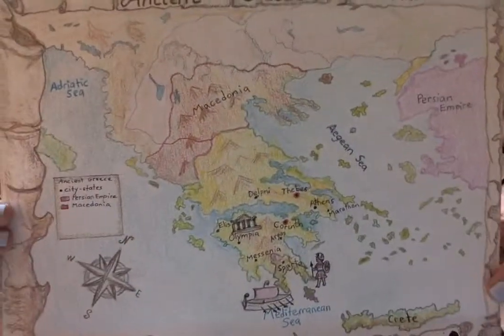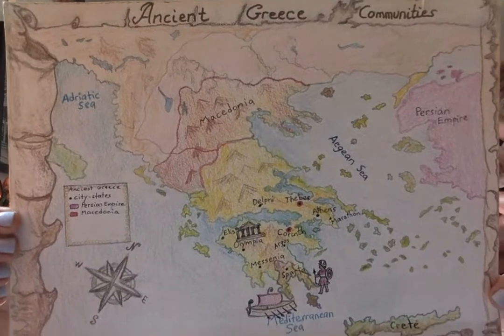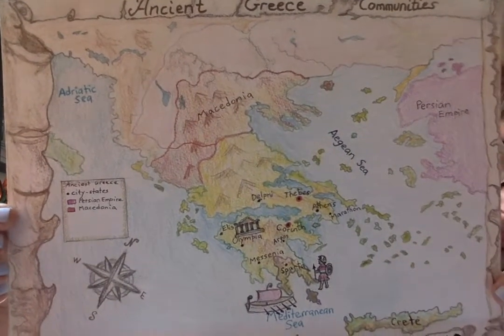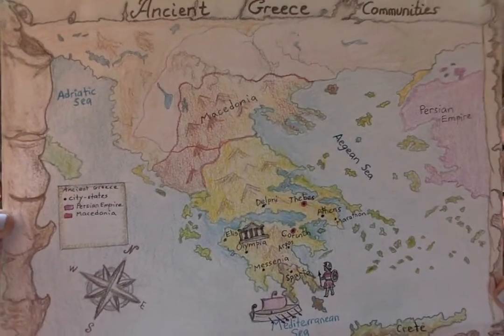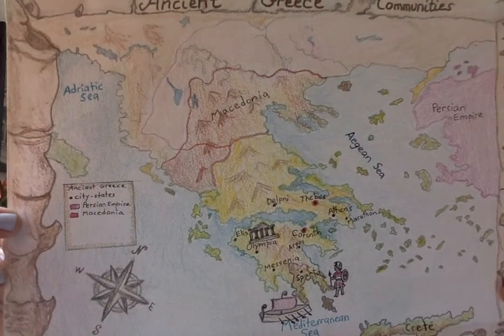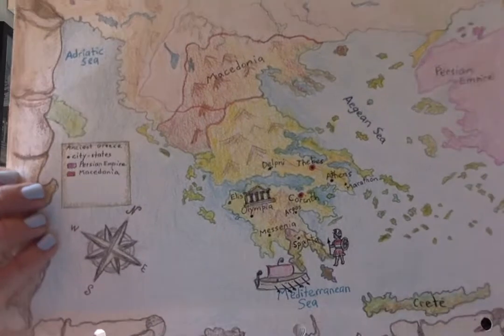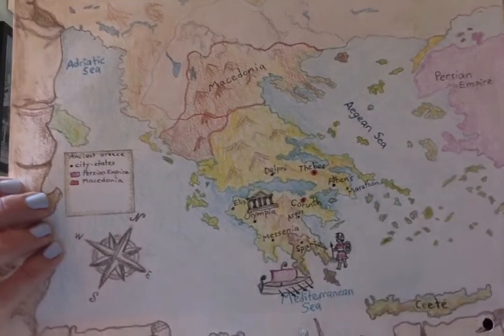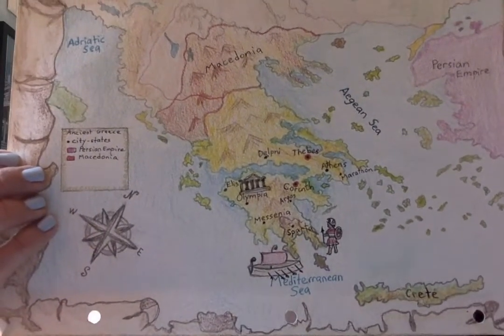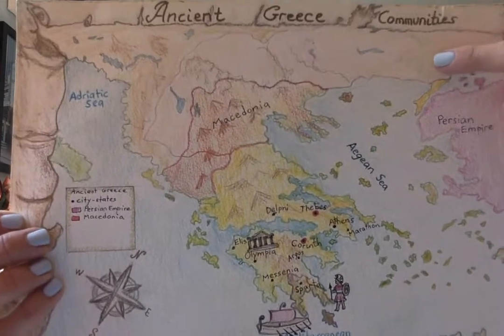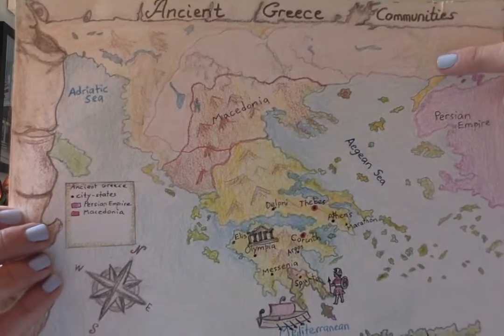This one is one of my favorites, and again, obviously you're looking at it backwards, but this is an example of somebody who drew it, making it look like it was a scrolled scroll, a map that has little images to show different city-states. They have the area above Greece.